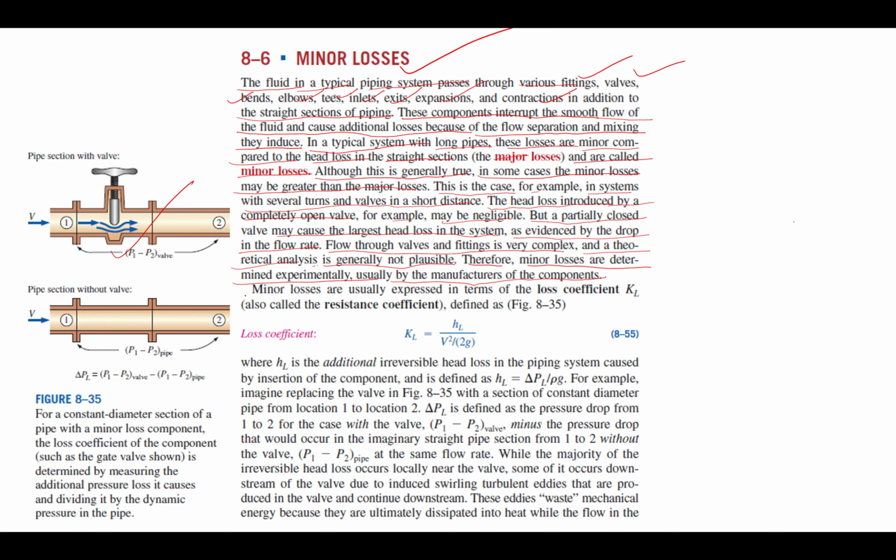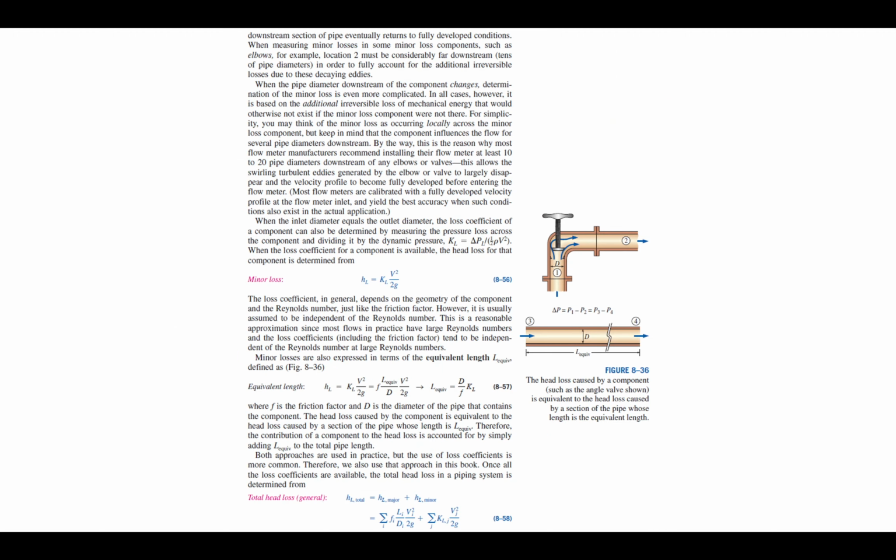Minor losses are usually expressed in terms of the loss coefficient KL, also called the resistance coefficient, defined as KL equals HL divided by V squared by 2g. So these are all the definitions. Here one very important thing: your total loss is the major loss plus the minor loss.